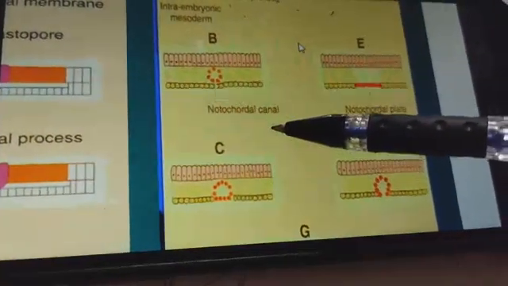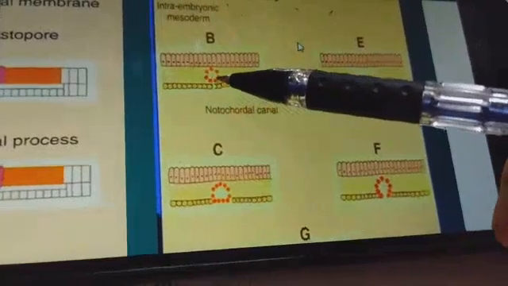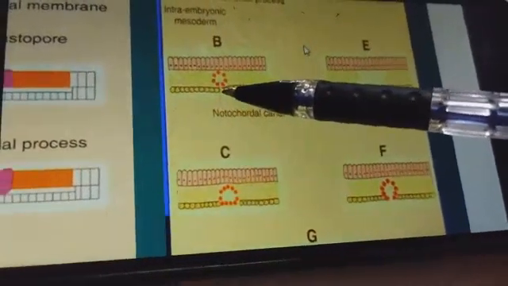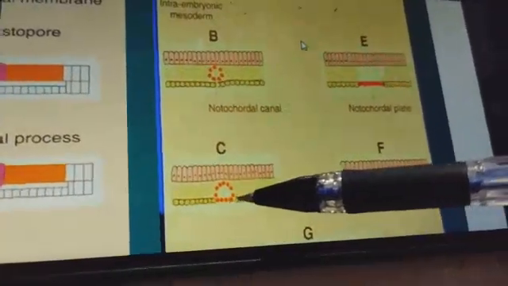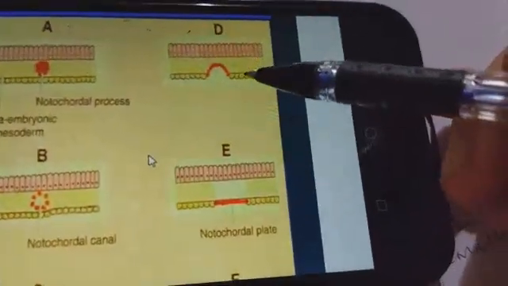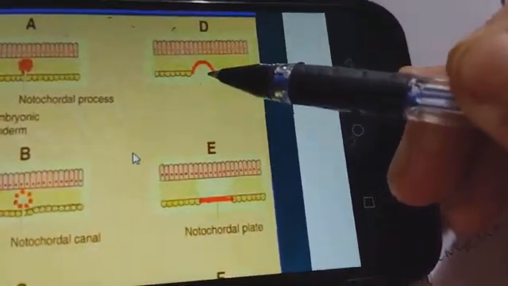After that, the cells of the notochordal canal join with the cells of the endoderm. Then these cells disappear.